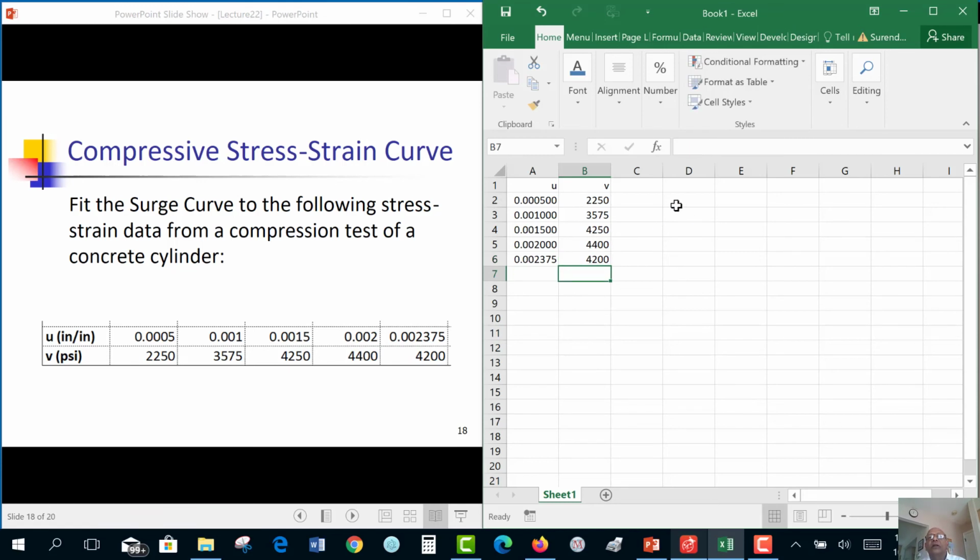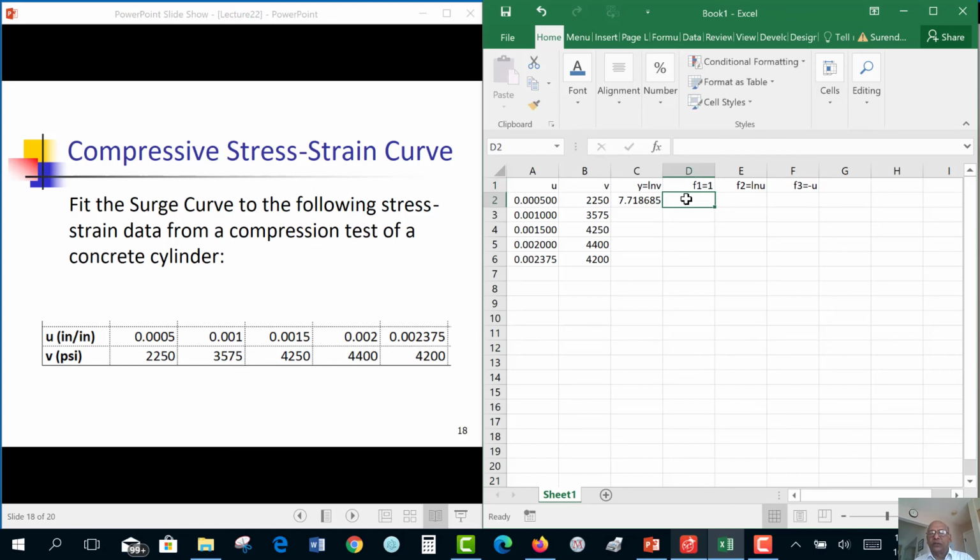Okay. So remember our y is log v. So we'll do log of v. Okay, and then our f1 is just 1, f2 is log u, and f3 is minus u.